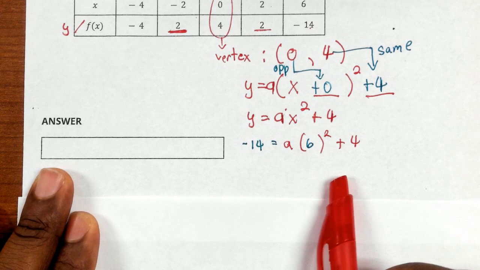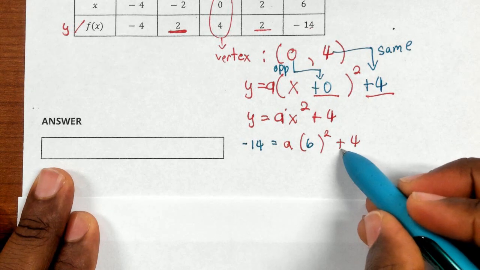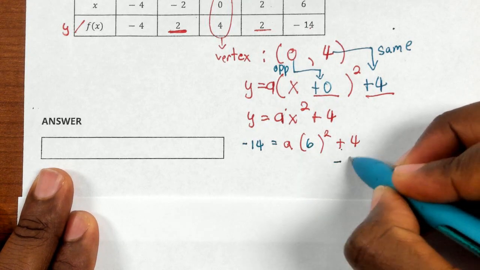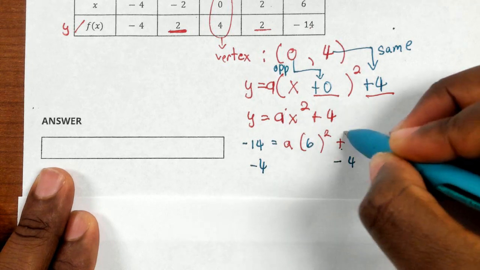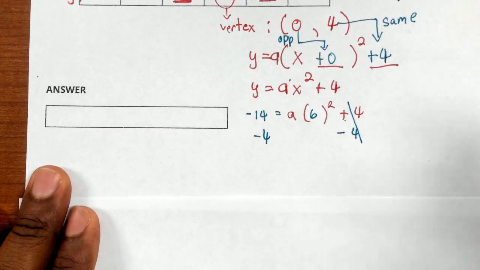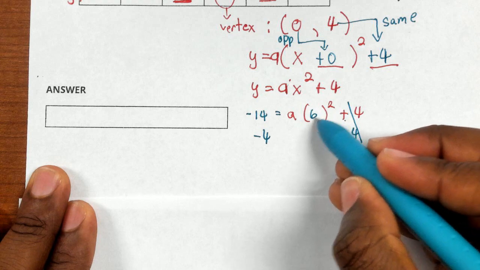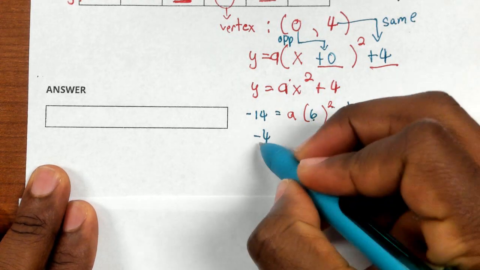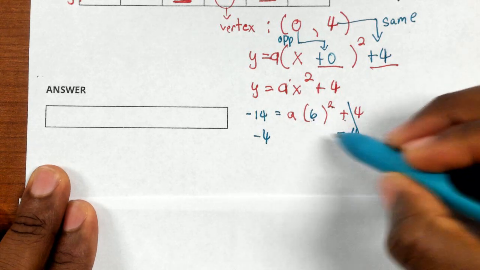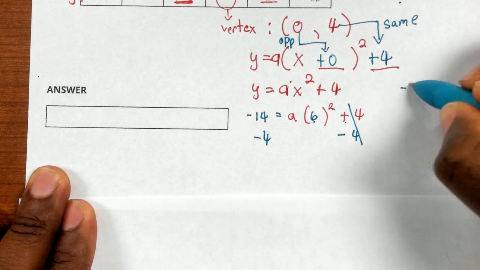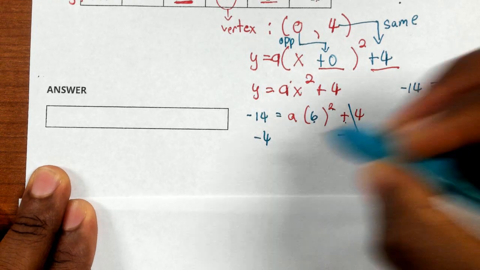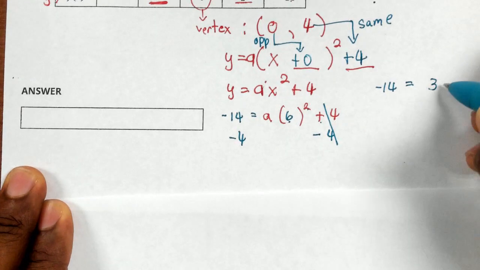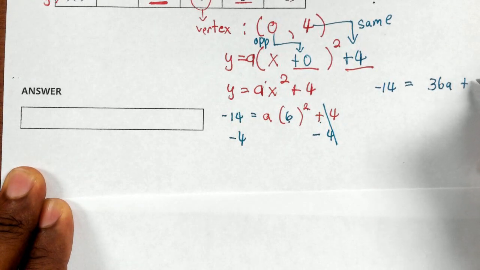To find the value of a, I would firstly need to move the 4 to the other side. To move a positive 4 to the other side, I would subtract 4 on both sides. That would get canceled. We forgot to apply PEMDAS and apply 6 squared first, so I actually had to do that before I subtracted 4. 6 squared is 36, so I'd have 36a plus 4.